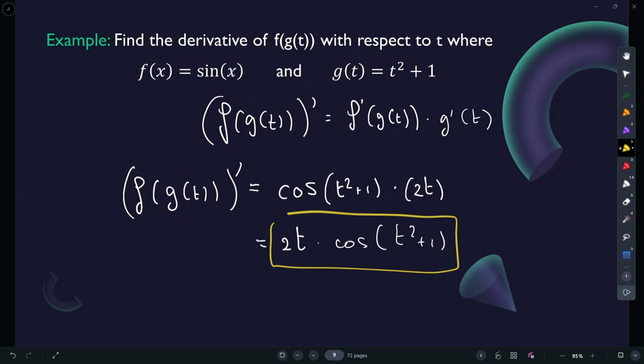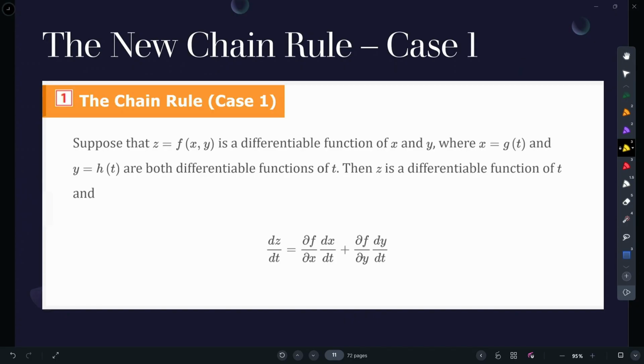But now in multivariable calculus, the situation is that I have a function of two variables, and the first situation is where I substitute x for a function g of t and y for a function h of t. What I would like to know is the derivative of f of g of t, h of t. This is a function of t, so I'm trying to take a derivative with respect to t.